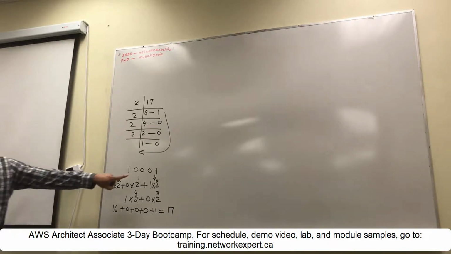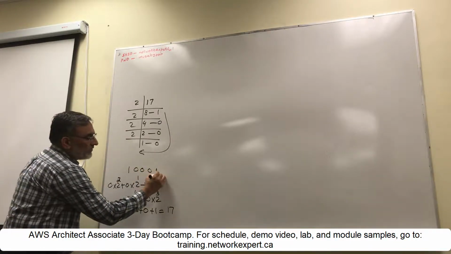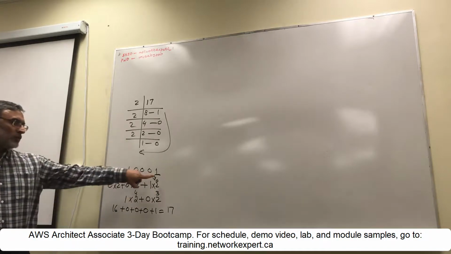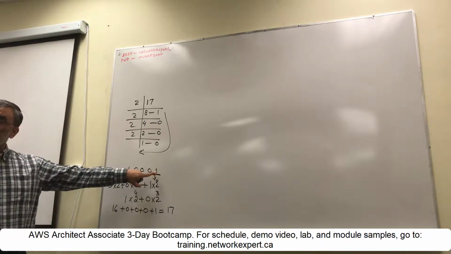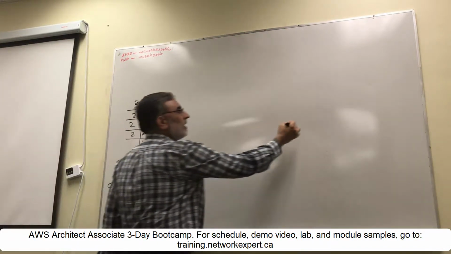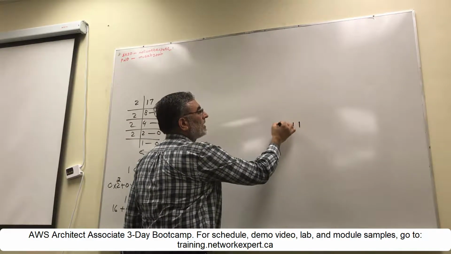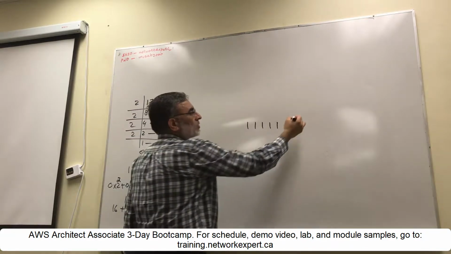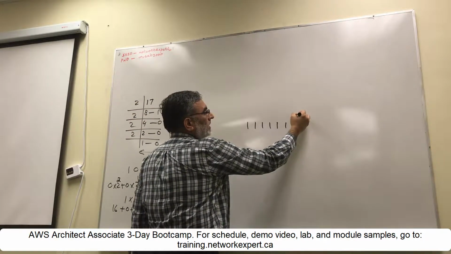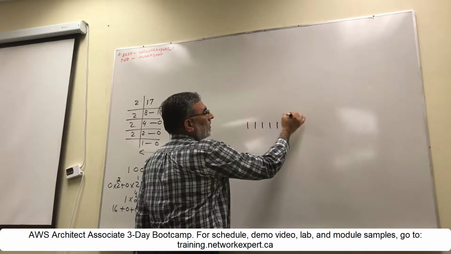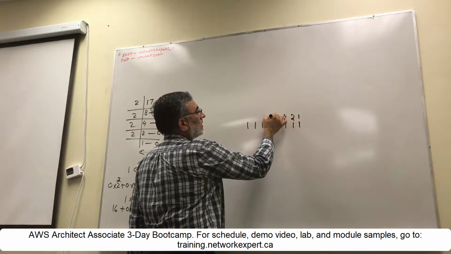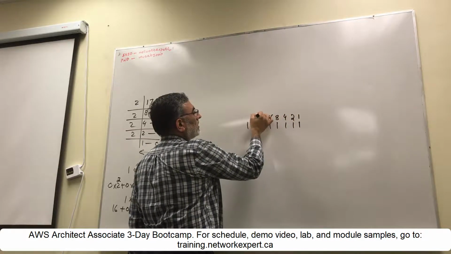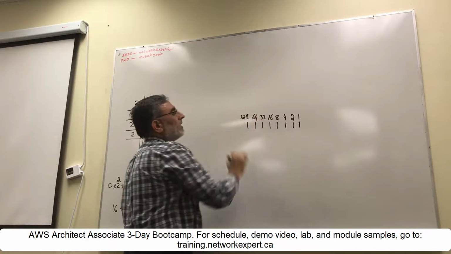Okay, so the position of these bits tells you what the weight of each bit will be. Okay, so if I write down 8 bits, 1 2 3 4 5 6 7 8, the weights are 64 and 128, right?